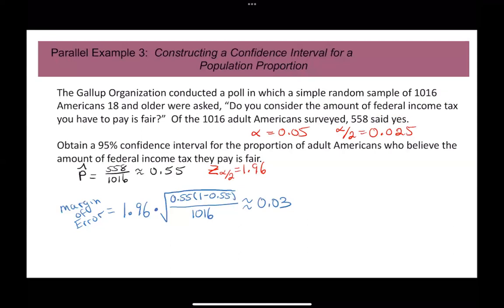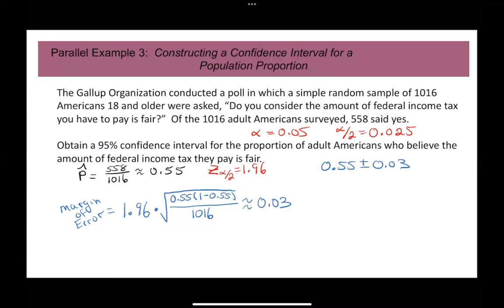How'd we do? Yes. Yay! Okay, so our margin of error is about 3%. There are two different ways that we can write this, depending on how MyOpenMath is asking us to write it, or me on a test. You could either say it is 0.55 plus or minus 0.03.